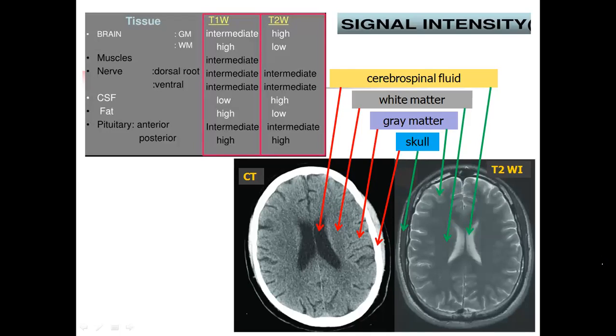What can we tell about signal intensity? Comparison of images of a normal brain in axial plane is presented.